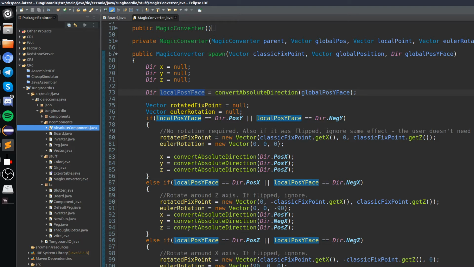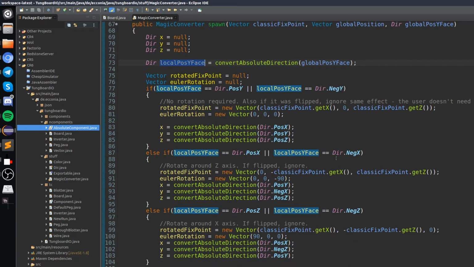This if else was 6 cases. 6 awesome cases for each of the axes or directions. That's stupid, because why would I need to put 6 if the user doesn't care if the board is upside or downside? It just needs to have the right direction. It doesn't matter. It has a position. It can be 100 or 180 degrees. Who cares? It took me a while to realize that.